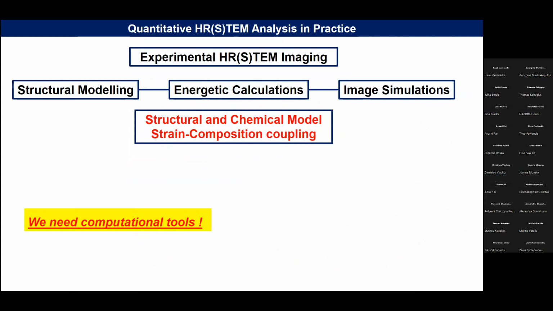All this work, as you can see, can be performed only by using computational tools. It is important to develop computational tools to analyze such images, to perform calculations, to obtain the behavior of the material, and many other things. But the most important part is the computational tools.